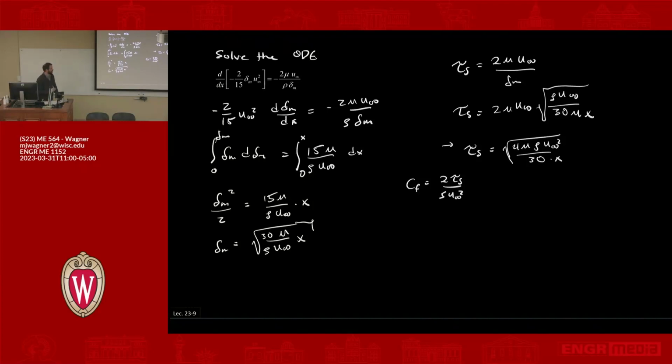That's just the general relationship. Plugging that in, it simplifies down to the square root of 16 times mu over 30 rho x u infinity.